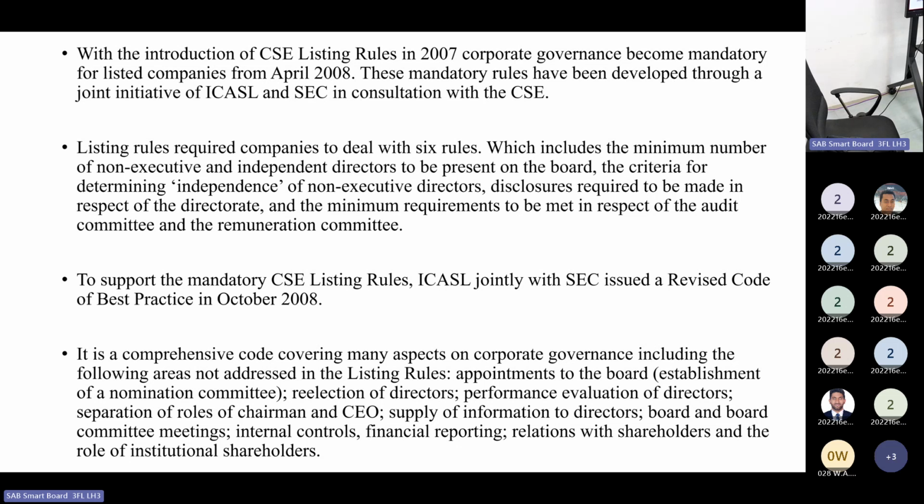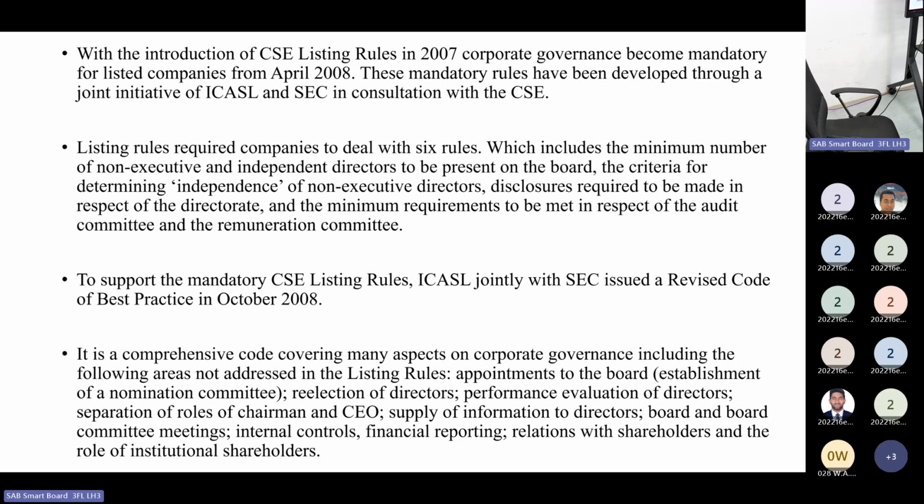The Colombo Stock Exchange is where you do the stock trading. It's not a public company, it's a private organization.